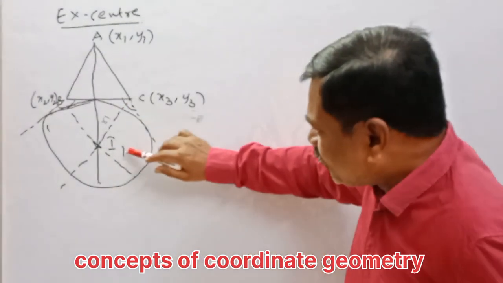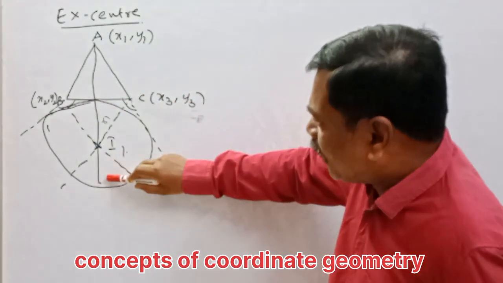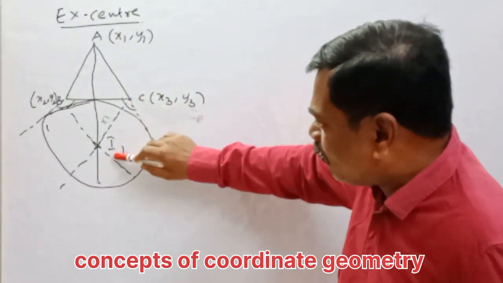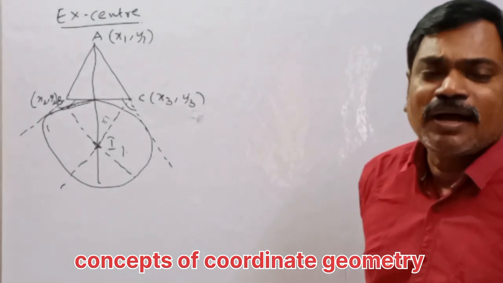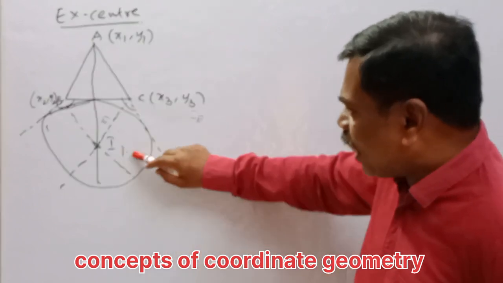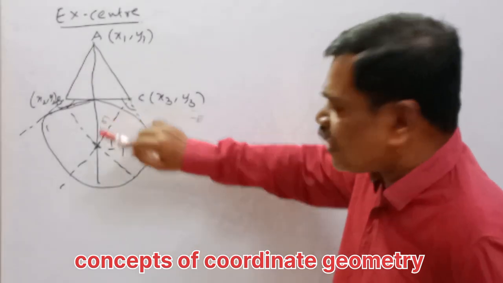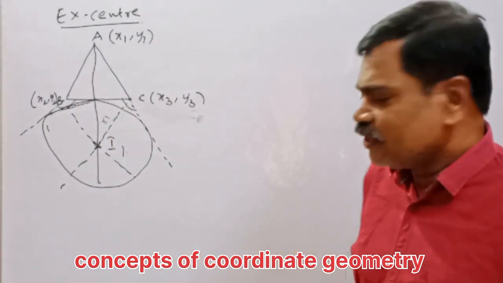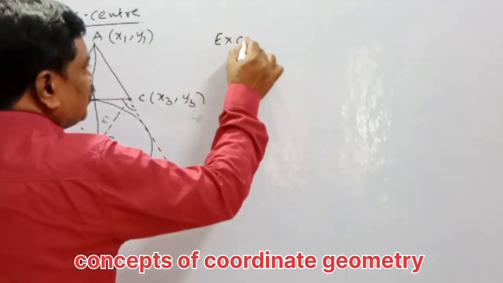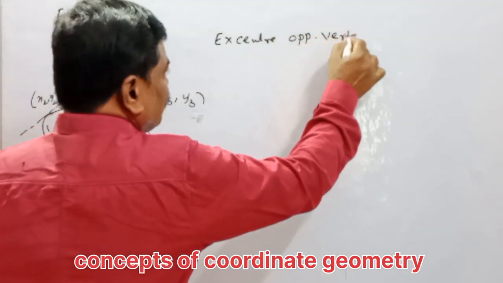So, what is the excenter? The internal bisector of vertex A and the external bisectors of vertices B and C meet at the excenter opposite to vertex A, represented by I1, and the radius of this excircle is represented by R1. Okay, all of you. Here, the excenter opposite vertex A.